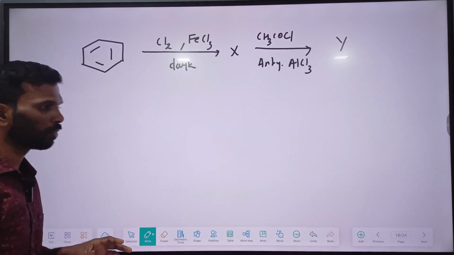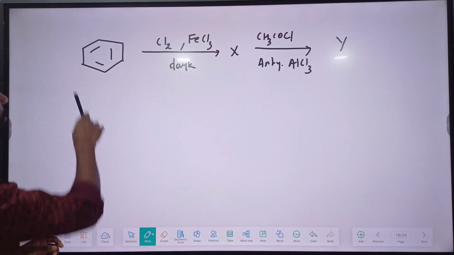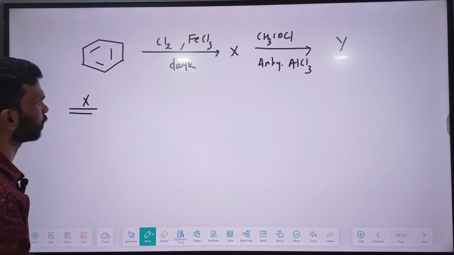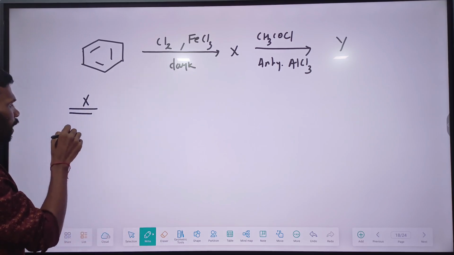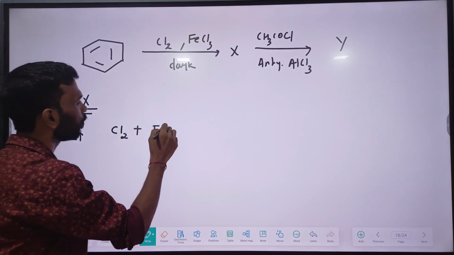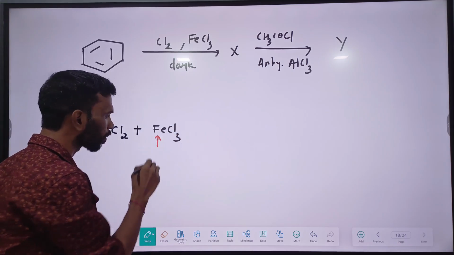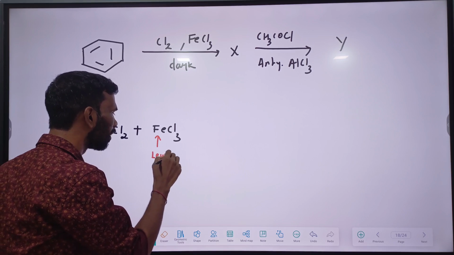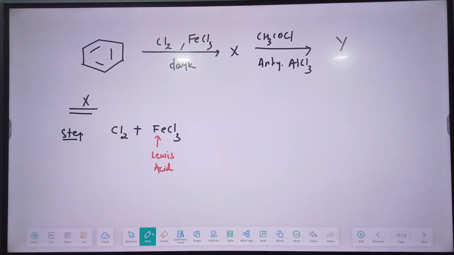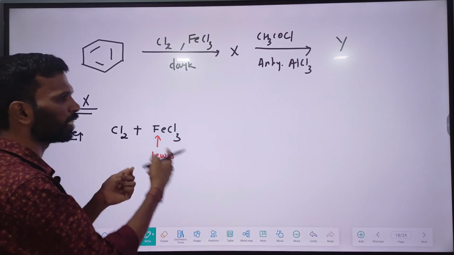See, benzene, over here we have to understand the reaction. I'll solve the X part to get X. Step 1 is the reaction between chlorine and FeCl3. We know that this compound is a Lewis acid, always in need of the electron.